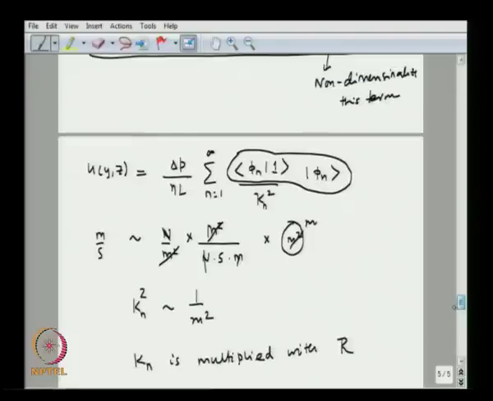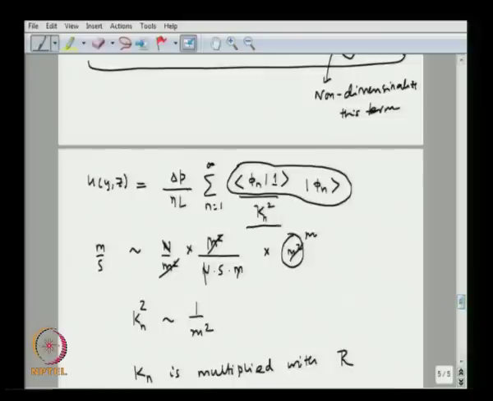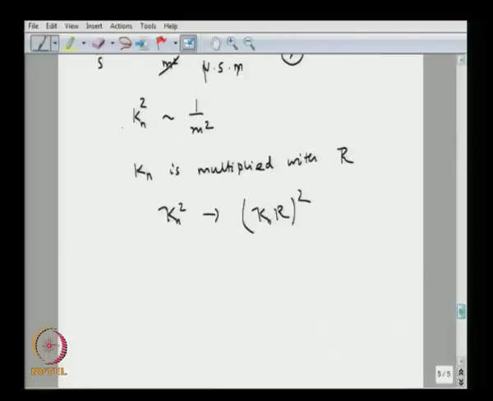So, instead of k n square in the denominator, you would have k n into r square. That would make this term dimensionless inside the bracket, right. So, this is important to understand.